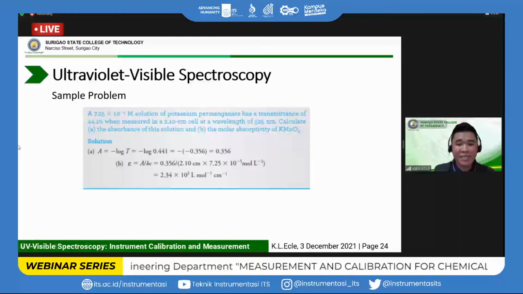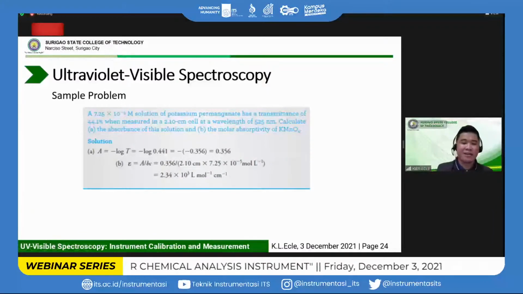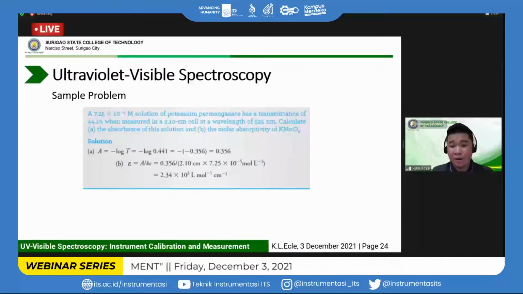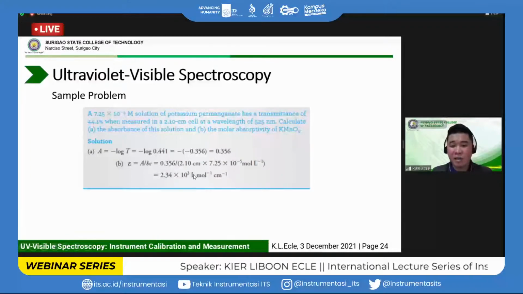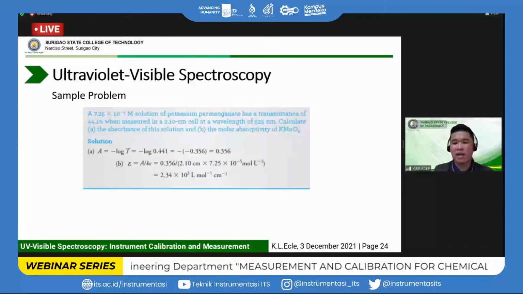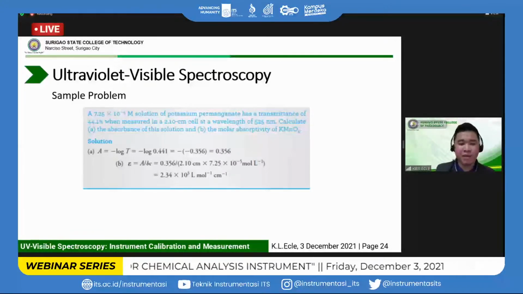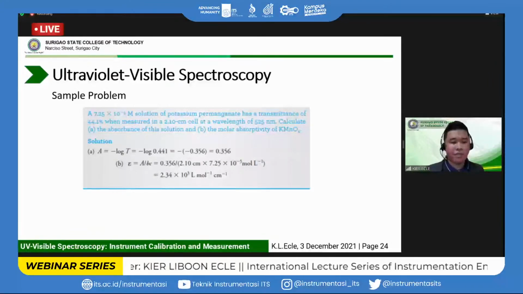So that is equal to 2.34 times 10 raised to the 3 liter per mole centimeter. You are going to convert this into molar, or big letter M, times centimeter, in order to get a more simplified result. Because liter per mole refers to the molarity of the solution.